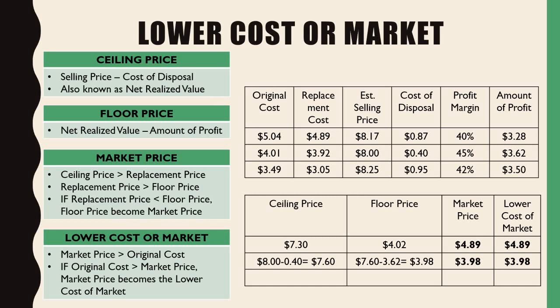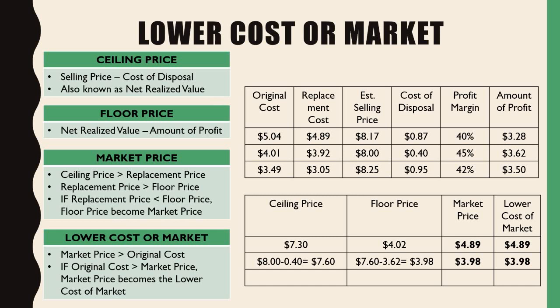Once I've figured out what my market is, I don't care about whichever number it is, because the last one I need to solve for is my original cost versus my market. Okay, so let's practice one more time.